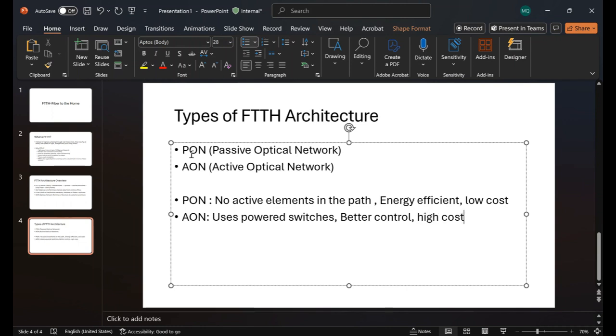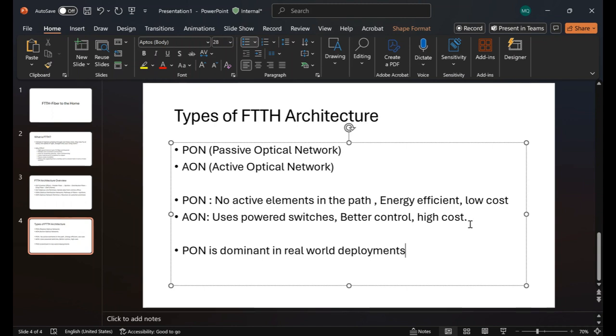In real world deployments, PON is dominant because it's cheaper and requires less power. Splitters are passive, meaning they don't need electricity.